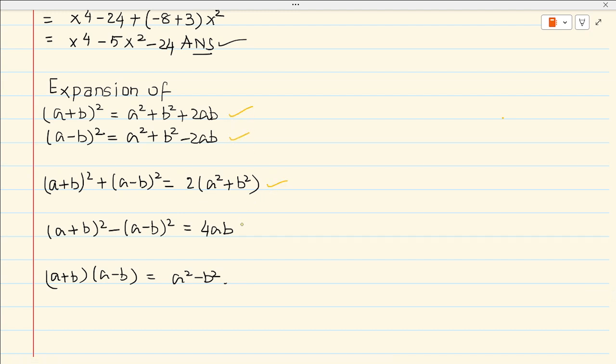What I mean to say, you need to learn the formulas. You need to learn these formulas. It will help you in solving questions. This will help you in learning, and it will help you in solving many more questions. So please learn these two formulas.